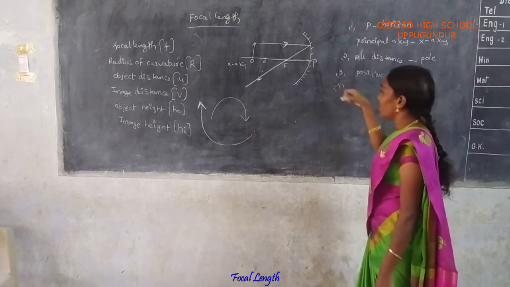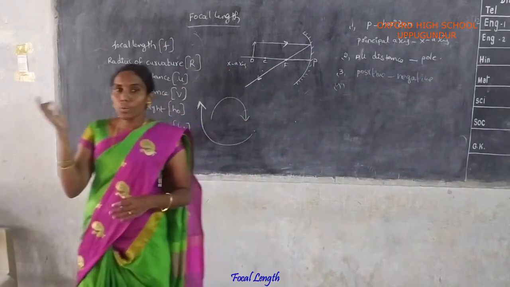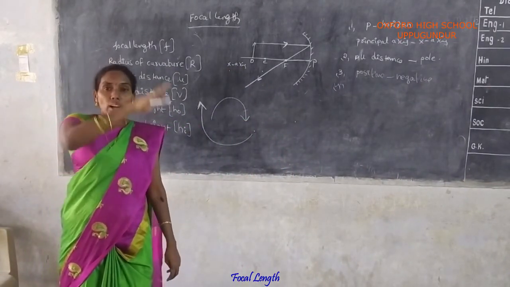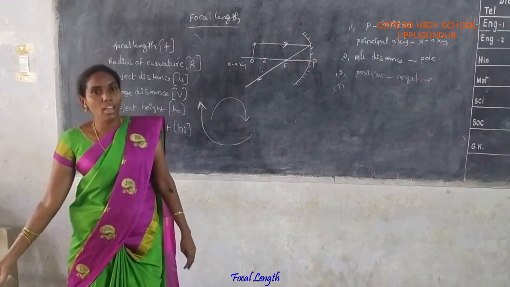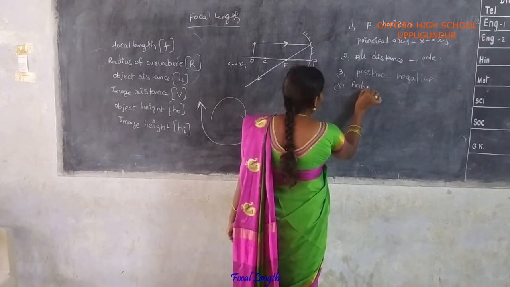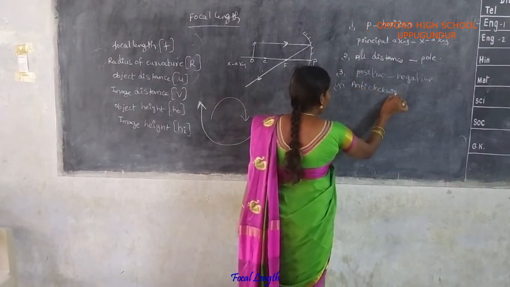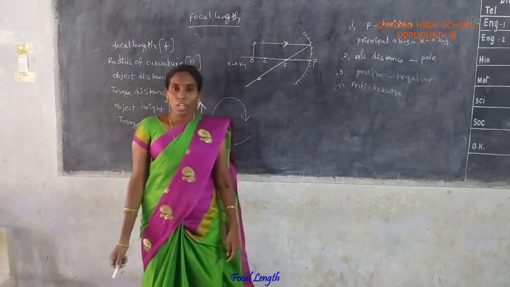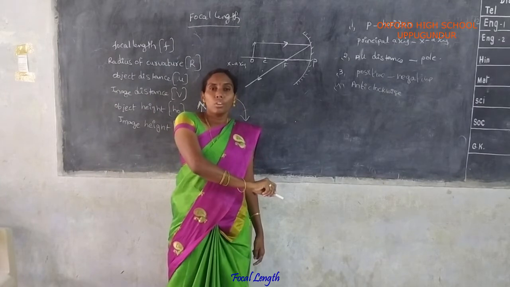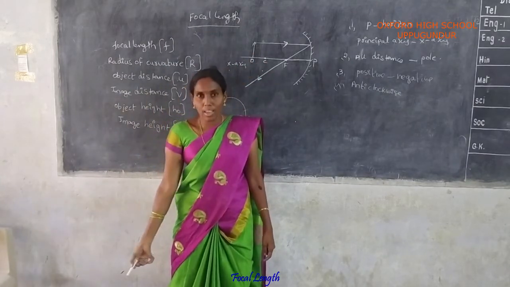Fourth point: angles measured from the pole in the anti-clockwise direction are taken as positive, and in the opposite direction, that means clockwise, should be taken as negative.